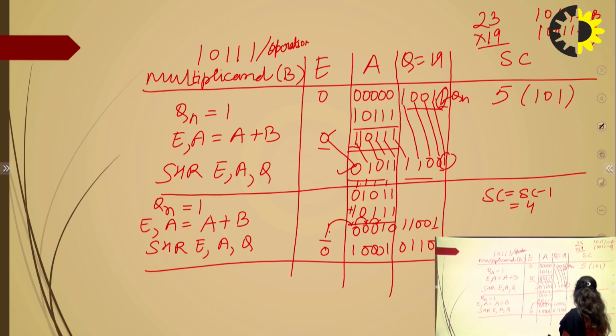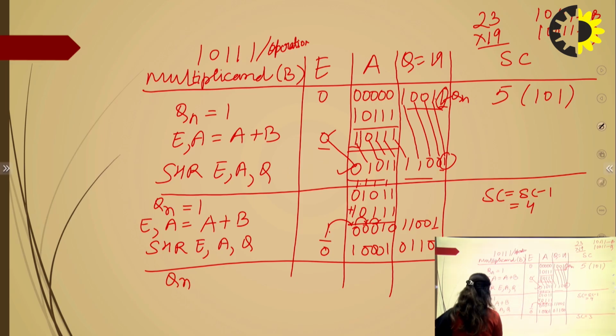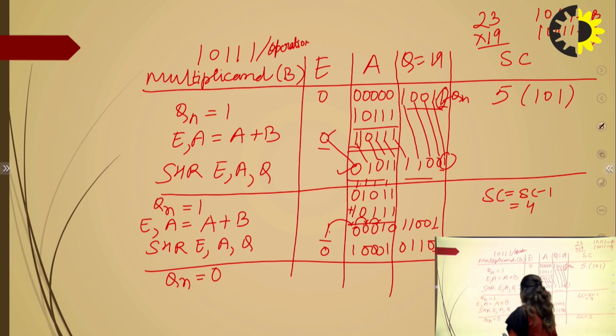Next the sequence counter becomes 3, since 4 minus 1 is 3. Now again we perform a lookup for the Qn value. Qn is the least significant bit of this multiplier, but now in this case it becomes 0.